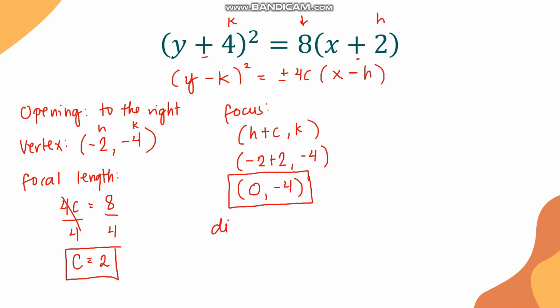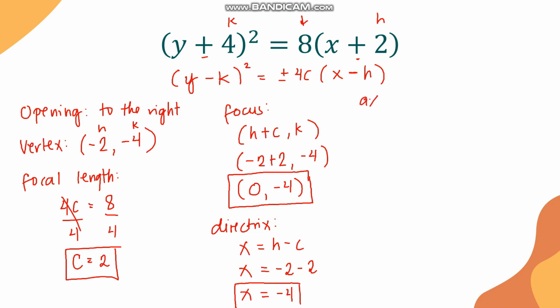Next, let's solve for the directrix. Since it opens to the right, it follows the form x equals h minus c. So h is negative 2, c is 2, so negative 2 minus 2, or the equation of the directrix is x equals negative 4.